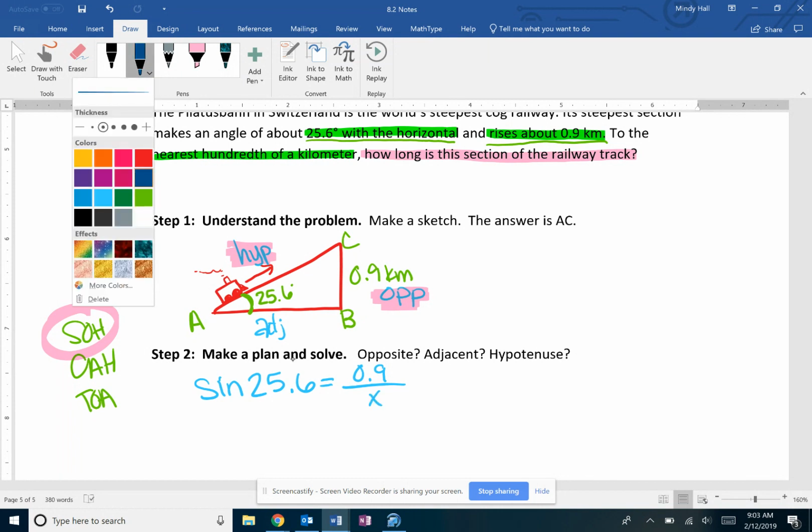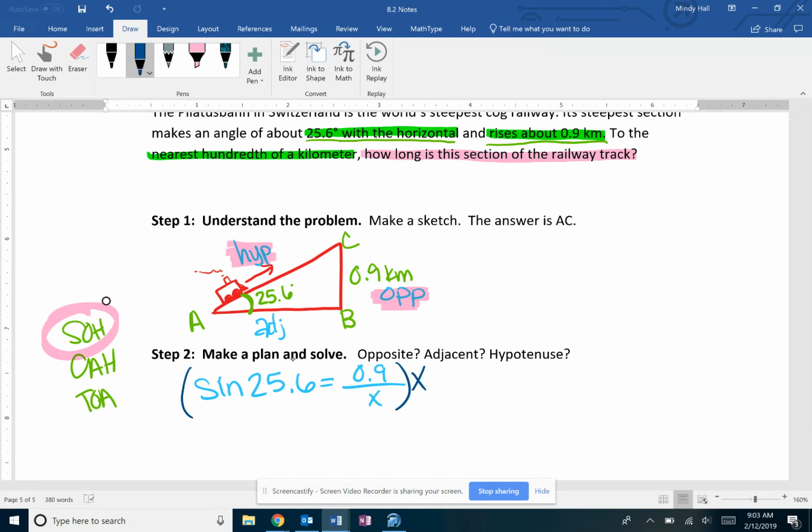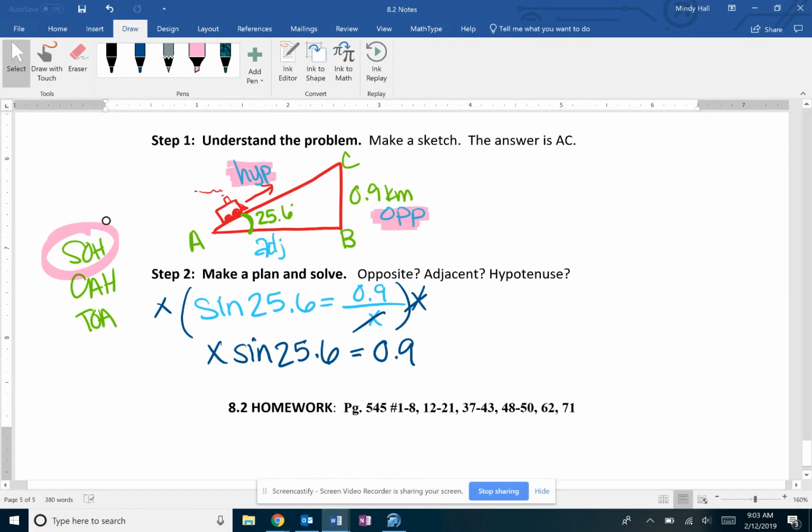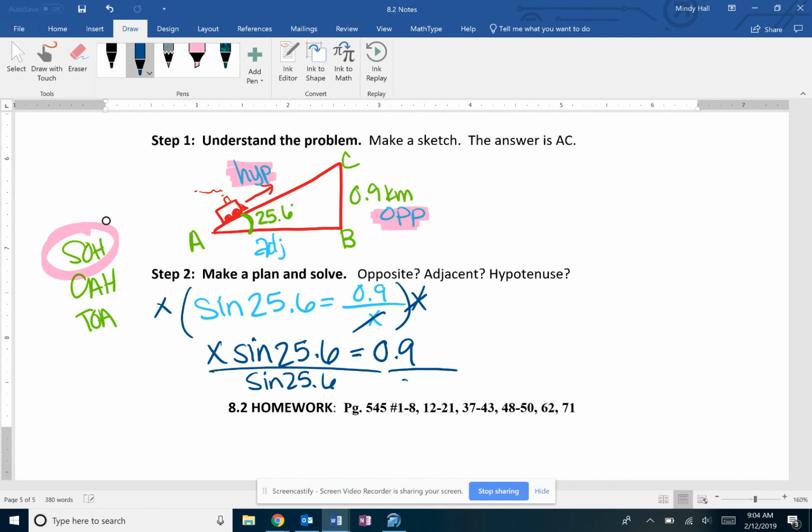So then to solve this, you multiply both sides by x. So then we have x times sine of 25.6 equals 0.9. And then to finish it off, you would divide by sine of 25.6.